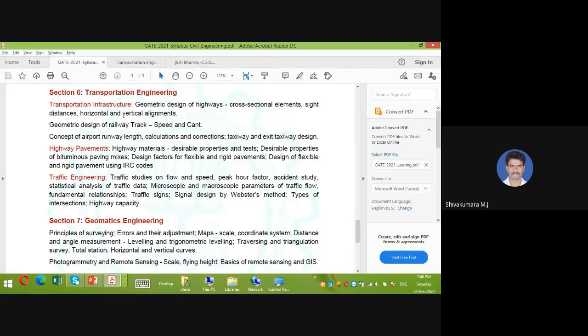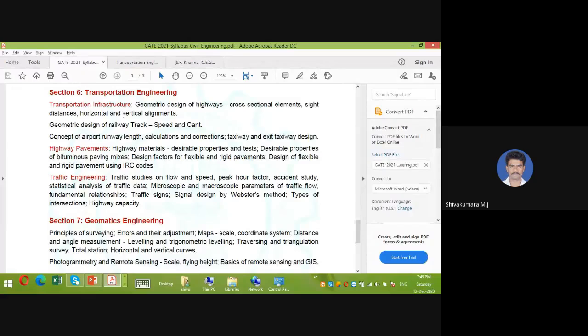We discussed different sight distances like stopping sight distance, overtaking sight distance, intermediate sight distance, headlight sight distance. We also discussed horizontal and vertical alignments like super elevation, extra widening of road, and then vertical alignment and different cases under the same.